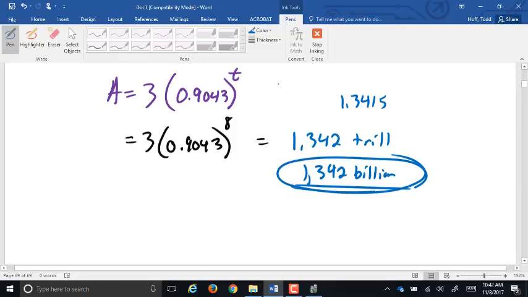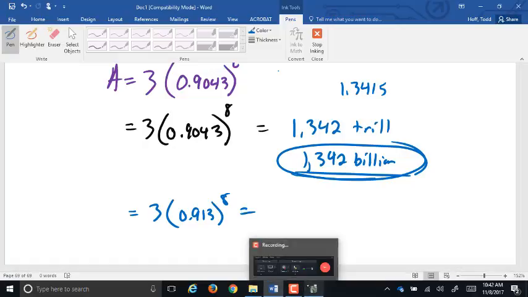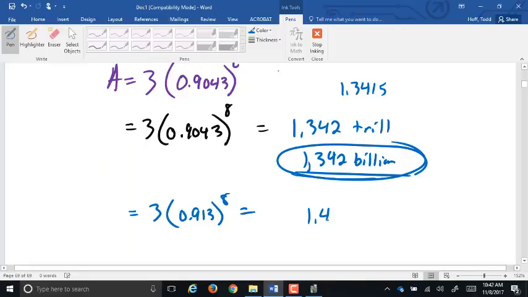Okay, so now we're going to do this with the 0.913 that we had before and compare this. So 3 times 0.913 to the power of 8 was 1.448 trillion, or 1,448 billion.